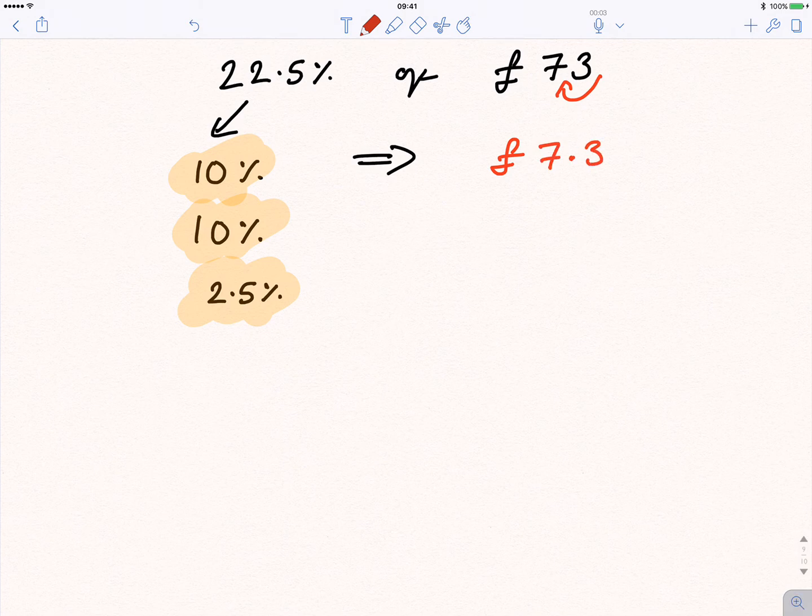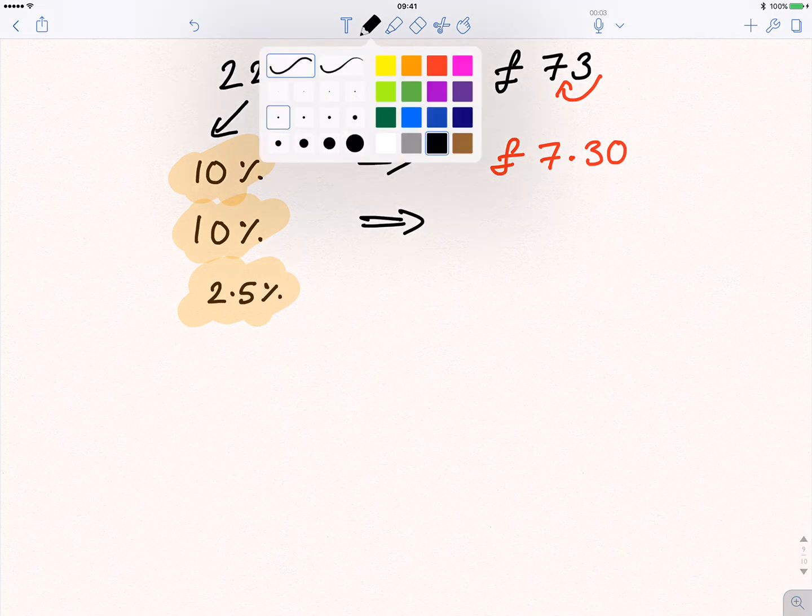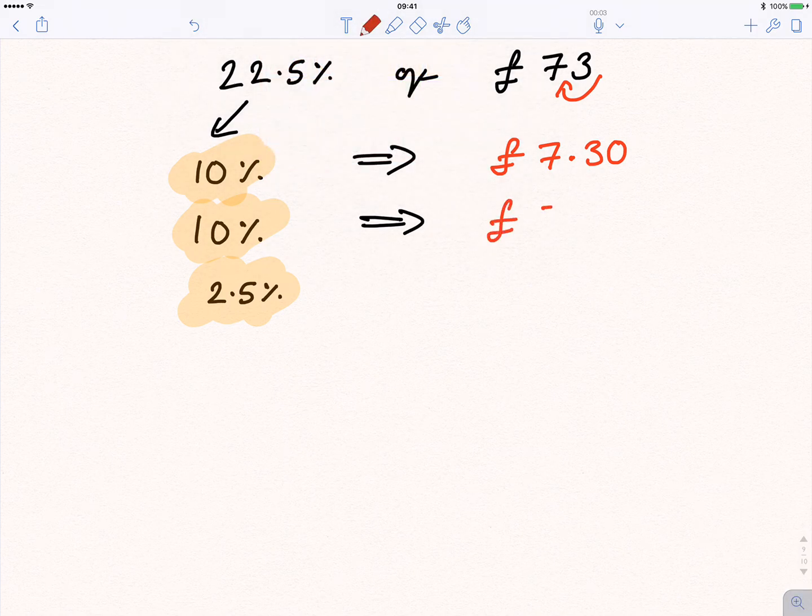Please remember, 7.3 is £7.30, not £7.03. You can leave it as 7.3, or you can put the 0 there. I like to put the 0 there because it helps me visualize the pence more easily. And then another 10%, which is just £7.30.